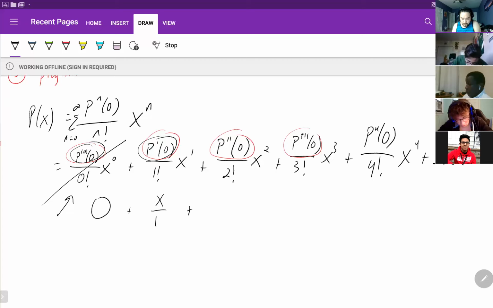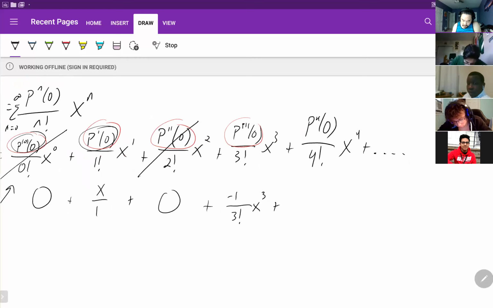What about the next one? 0, it canceled out. This one goes away. What about the next one? It was negative 1, so it was negative 1 over 3 factorial times x cubed. The fourth one was 0, so this one also got canceled out.